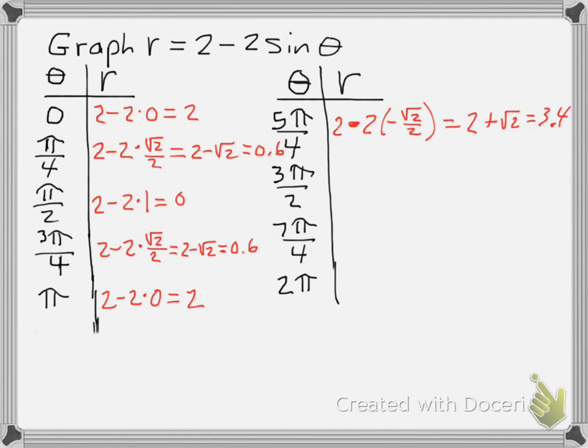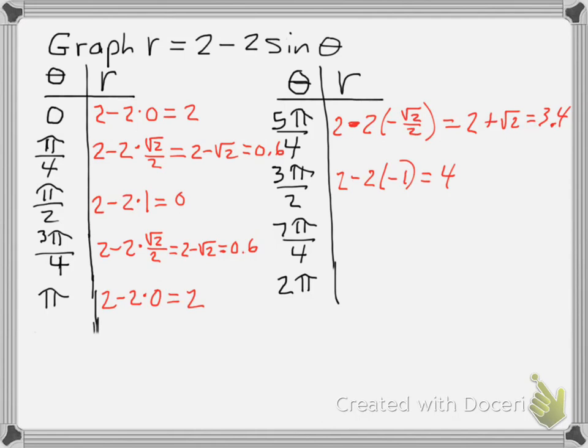If we use 3 pi over 2, r will be 2, excuse me, 2 minus 2 times the sine of 3 pi over 2. The sine of 3 pi over 2 will be negative 1. So we'll get 2 minus 2 times negative 1, which is the same as 2 plus 2, or 4.